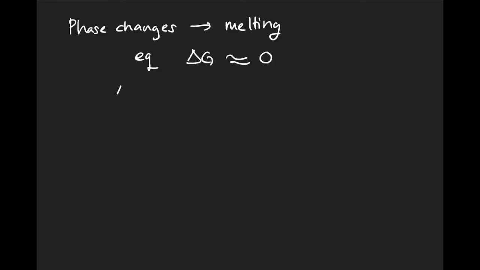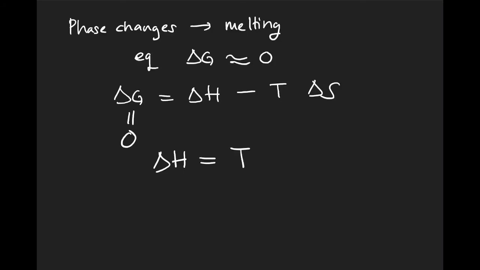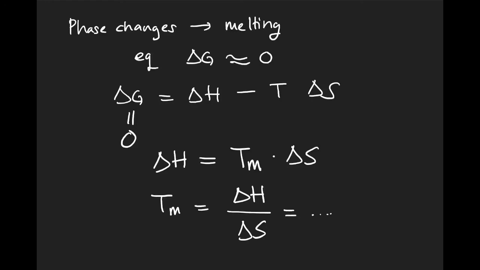In this case, if we write delta G as delta H minus T delta S, since delta G is 0, we can rewrite this equation as delta H equal to T, in this case the melting temperature, multiplied by delta S. From here we can calculate the melting temperature, or Tm, which is equal to the delta H of the melting process divided by the delta S of the melting process. Don't forget the unit should be in Kelvin.